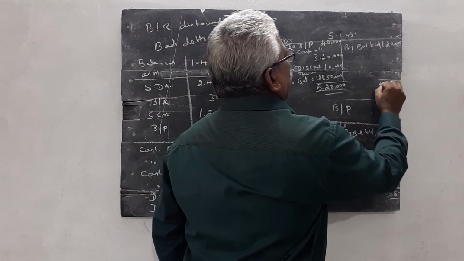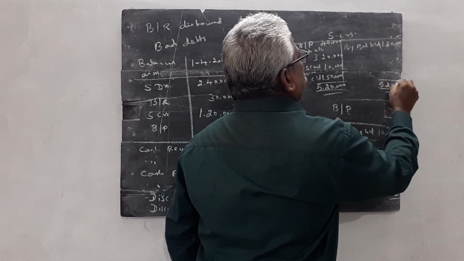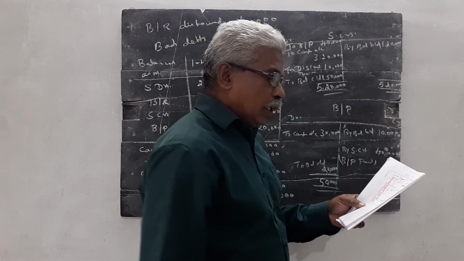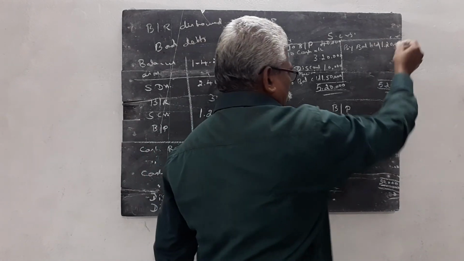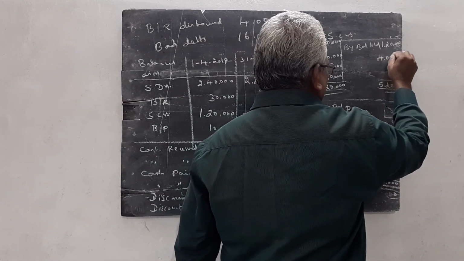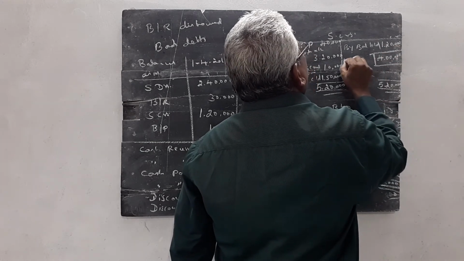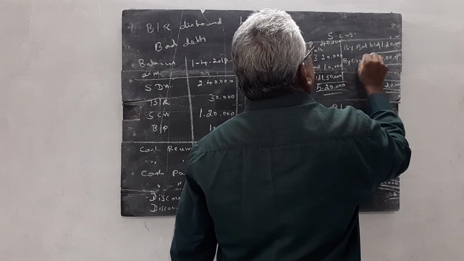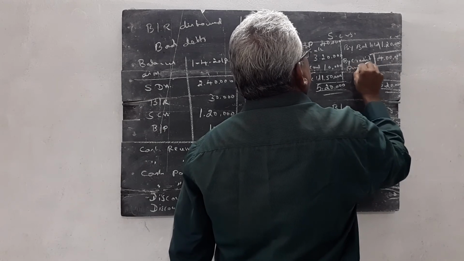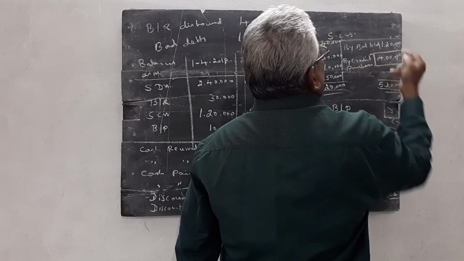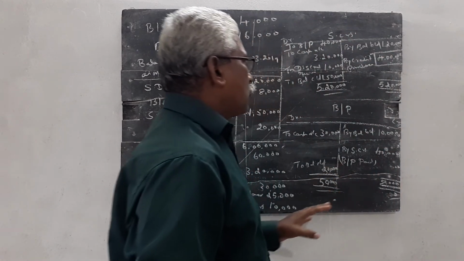The same 5,20,000 is entered here also. 5,20,000 minus 1,20,000 is equal to 4 lakh. This is the another answer, by credit purchases, 4 lakh. Very simple question.